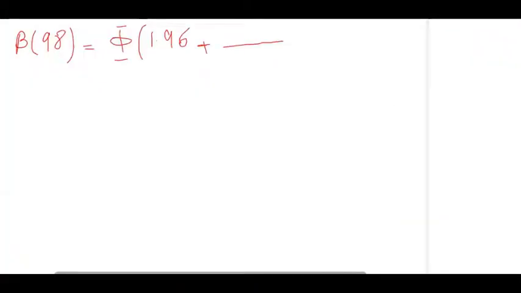Mu 0 is 100, mu prime is 98, divided by sigma, which is 14, and n is 49. Again, you need to write the same values.